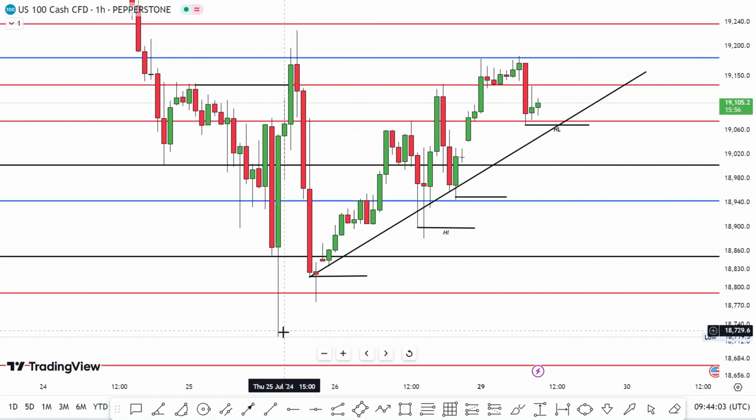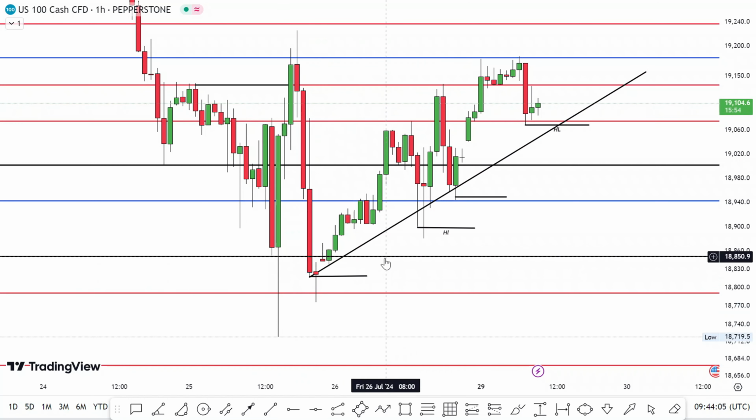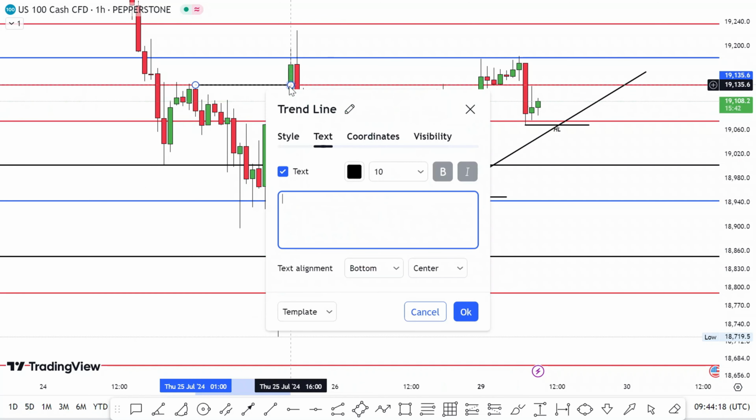But the market did not break this low. Instead, it came to this. Remember, this black line you're seeing on the screen is the support level from the daily time frame. It came to this support level on the daily time frame, and then it started going back up. So that means we are still in an uptrend at this particular time.